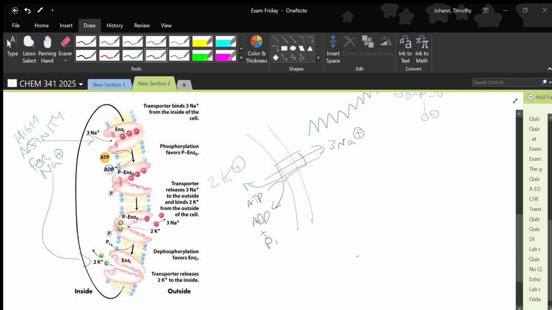It then opens to the outside of the cell, and now it has a low affinity for sodium, but it's only open to the outside, so the sodium pops out. We open to the outside, and that sodium pops out because we now have a low affinity in this conformation.